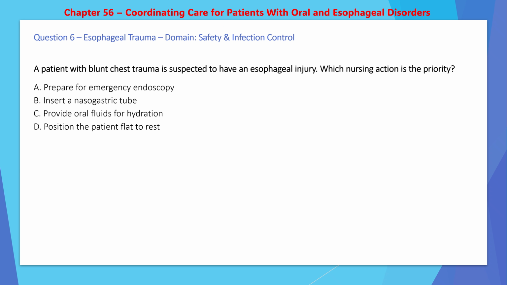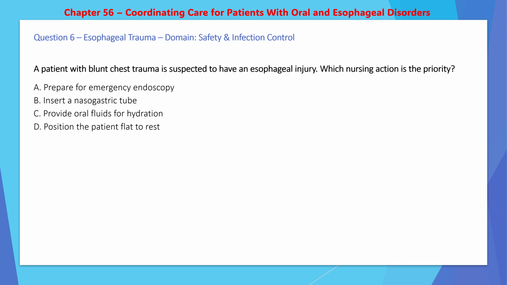Question 6, esophageal trauma, domain: safety and infection control. A patient with blunt chest trauma is suspected to have an esophageal injury. Which nursing action is the priority? A. Prepare for emergency endoscopy. B. Insert a nasogastric tube. C. Provide oral fluids for hydration.